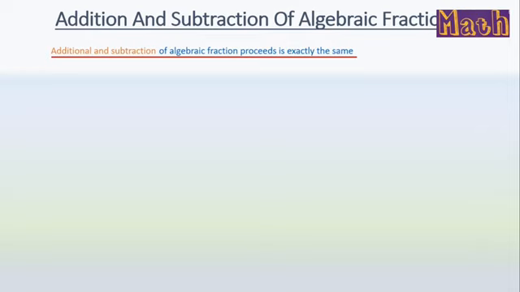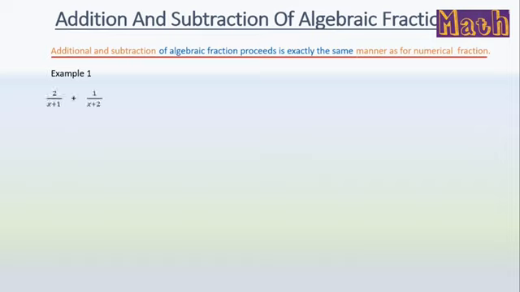Now, the first rule says that anytime you have two fractions being separated by an addition or subtraction symbol, we find the LCM. So let's take a practical example of an algebraic expression. Then we'll apply the rules or principles of fractions to solve it.